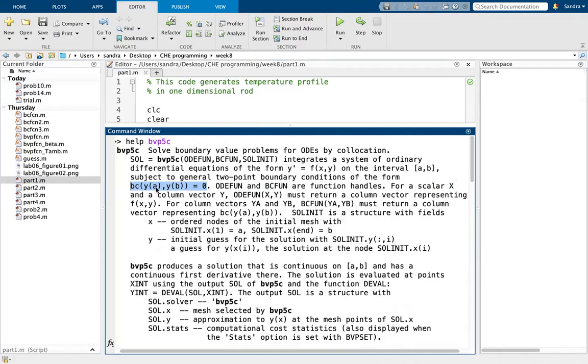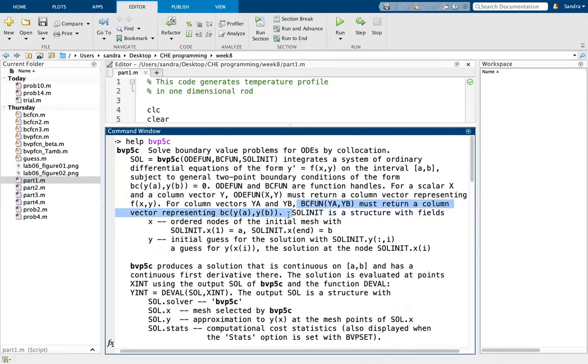For a scalar x and a column vector y, ODE fun must return the column vector representing f(x, y). Just like in the ODE solver, if we have two ODEs, you put the first equation and the second equation in a column vector. And the boundary conditions function also must return a column vector.